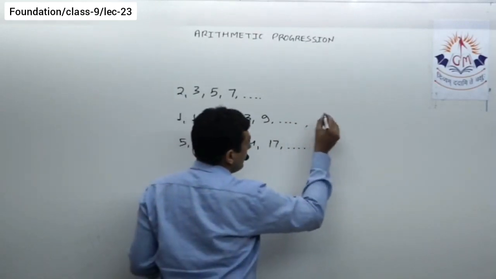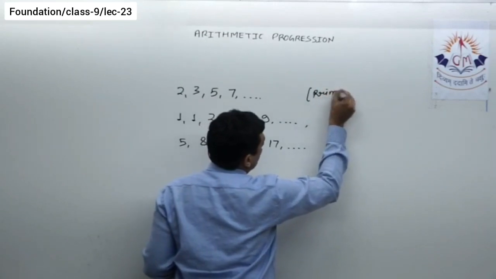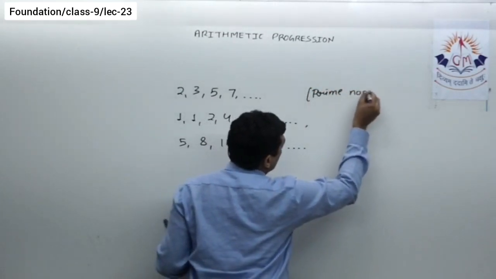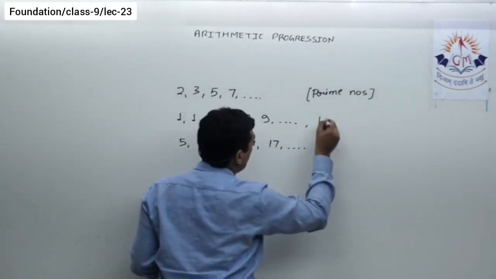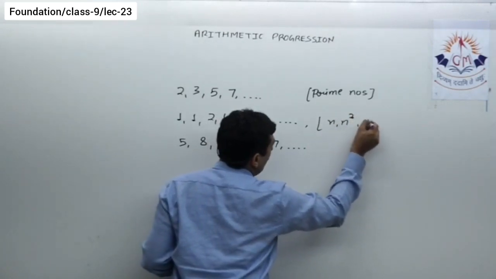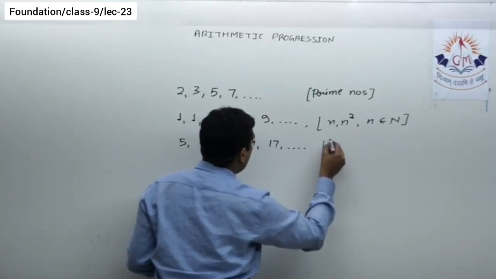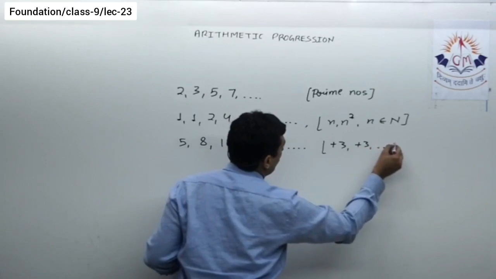These are the prime numbers. And here I can say the rule is following n, then n squared, where n belongs to natural numbers. Here I can say the rule is plus 3 and so on.